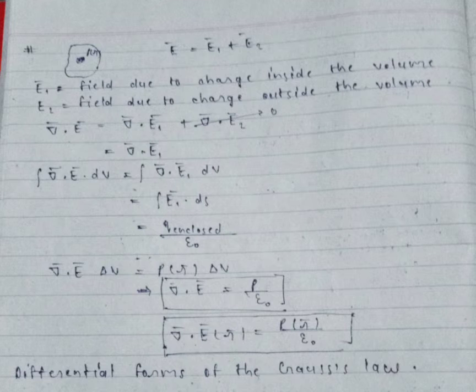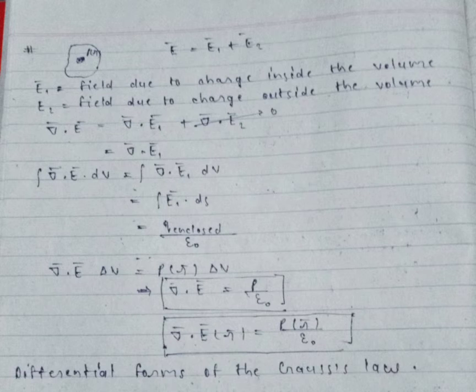Then at any point inside the surface, I can write electric field E as E1 plus E2, where E1 is equal to the field due to charges inside the volume, and if the volume is small enough, we can think as if the field is roughly the same at all points, and E2 is equal to the field due to charges outside the volume.